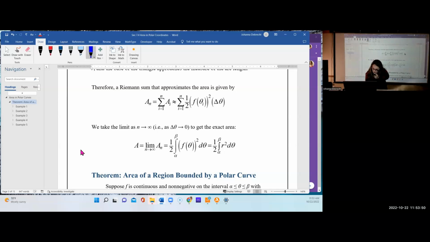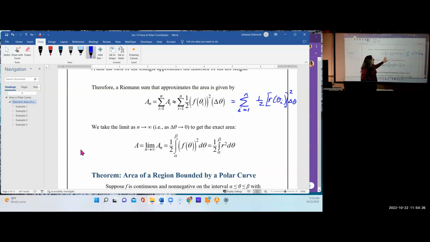So another way of writing this would be the sum from i equal 1 to n of 1/2 r of theta sub i squared times delta theta, where the width of our sector is delta theta, because that's the measure of the angle inside of our sector. So one of these is one individual sector, adding them all up gives us the area of the entire region.